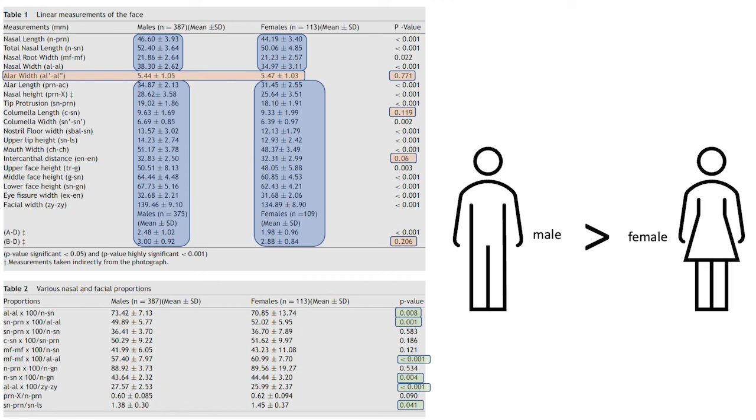Of the 17 statistically significant variables, 14 were highly significant, with a p-value lower than 0.001. The proportional indices that were calculated also revealed statistically significant differences in 6 out of 11 measurements between male and female subjects.